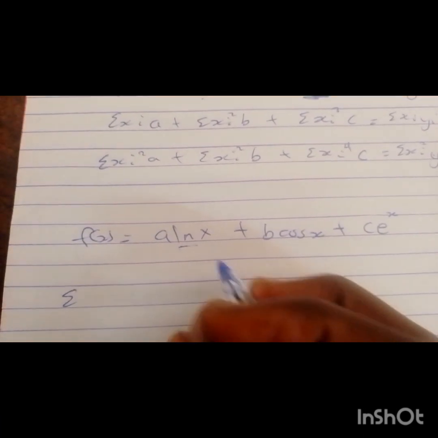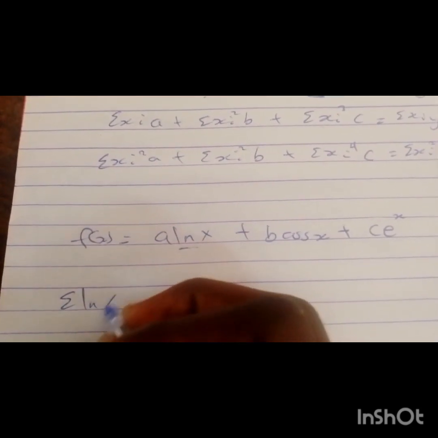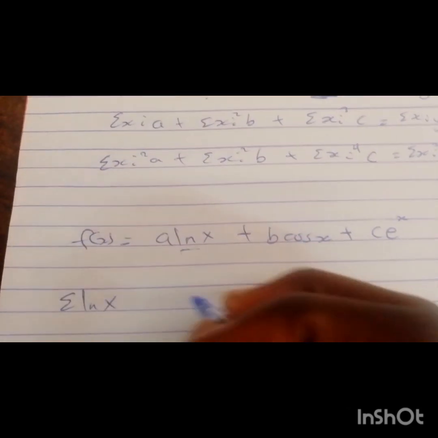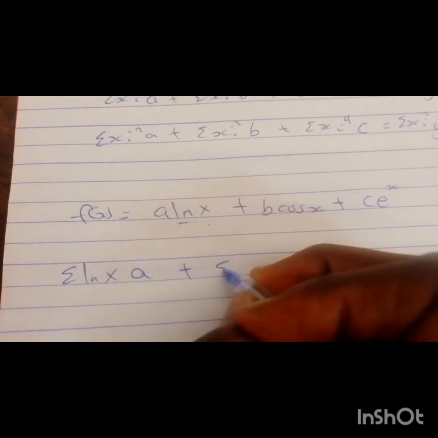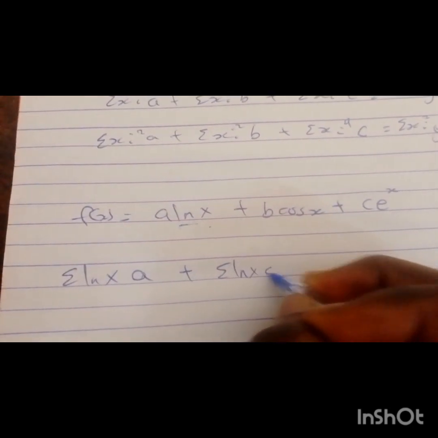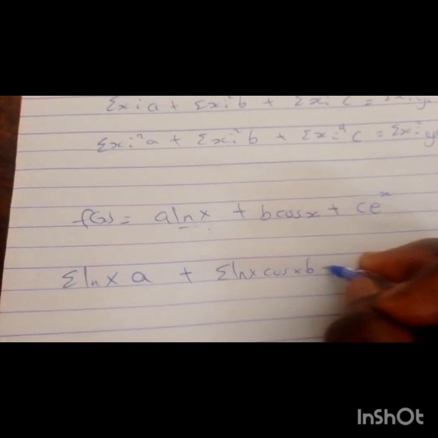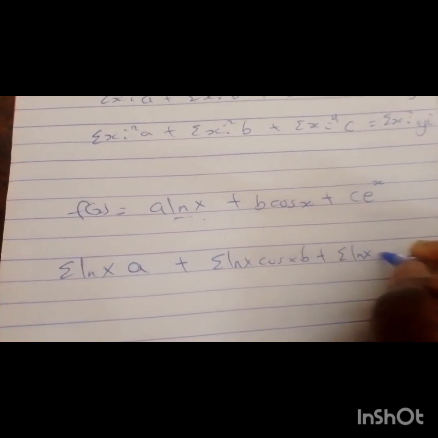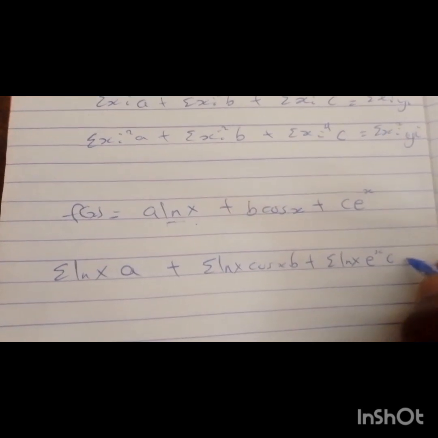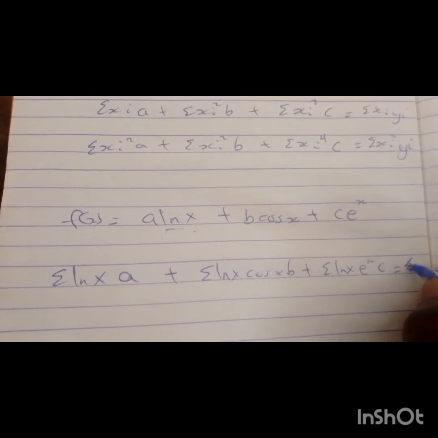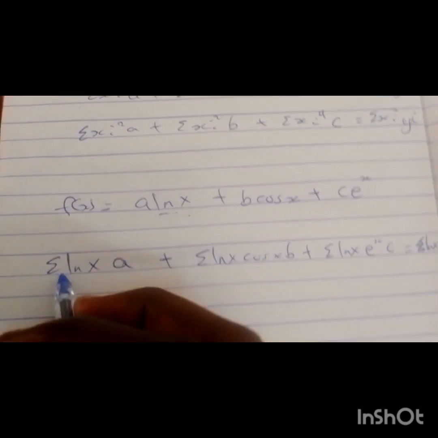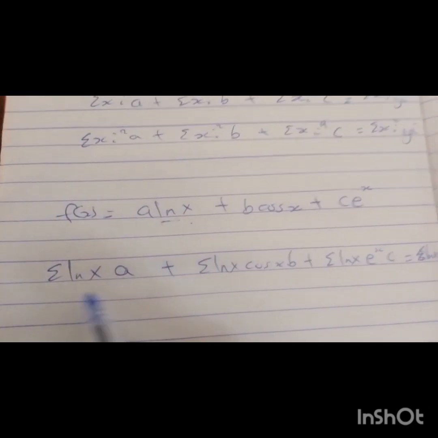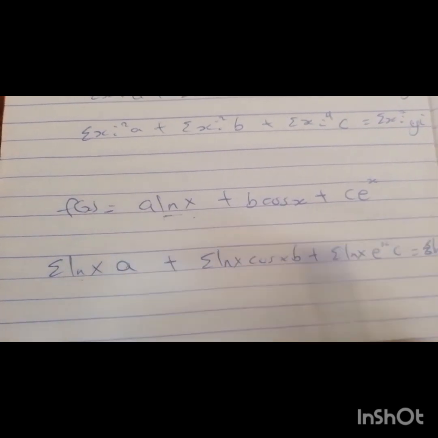So summation of ln x a, plus summation of ln x cos x b, plus summation of ln x e to the x c, equal to summation of ln x y. So you see I just multiplied the ln x through.